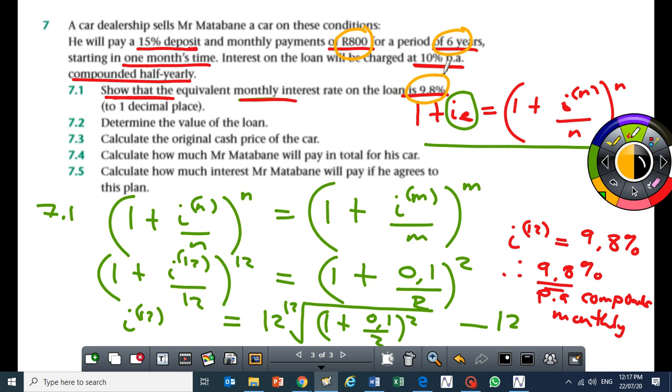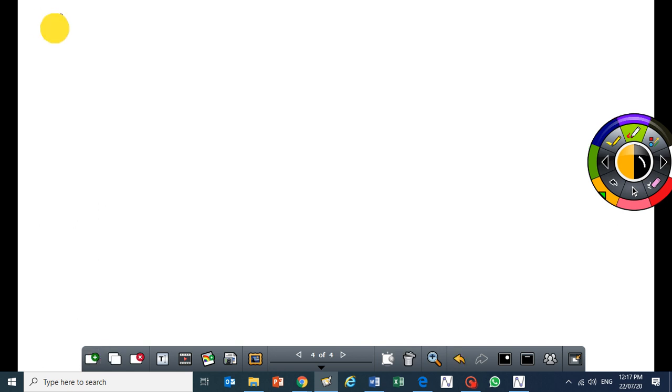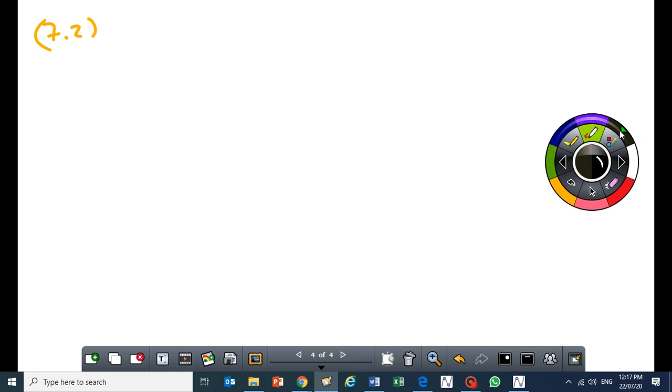So let me move on to the next page. Now, 7.2. When you're doing the question, it's very important for you to be very, very careful. So, P is unknown. Okay? Our n is 6 years times the interest which is going to be compounded per month.